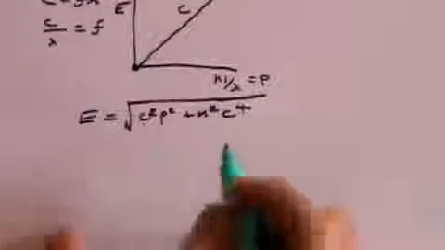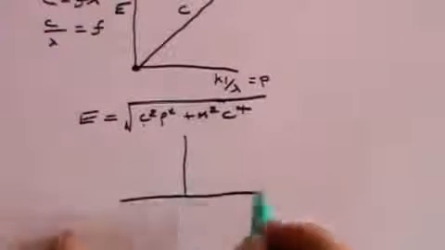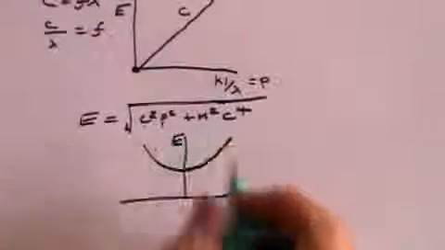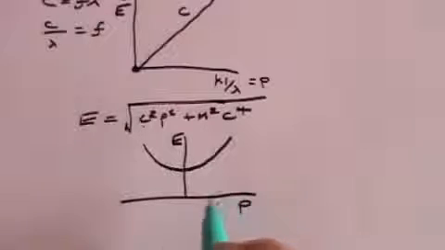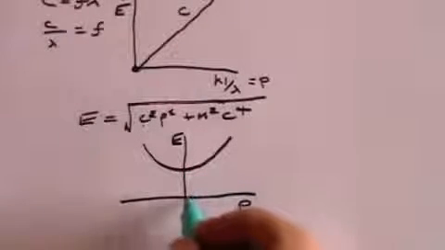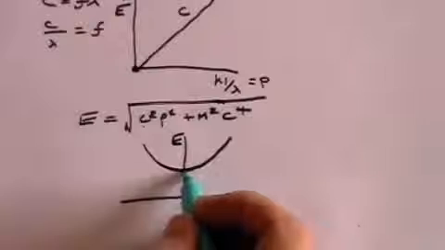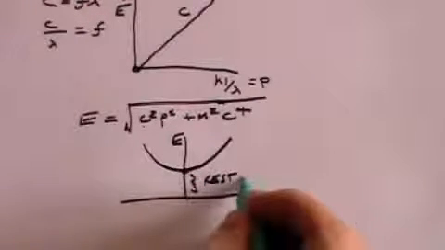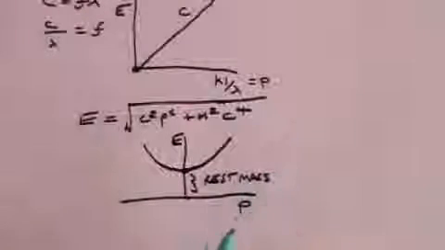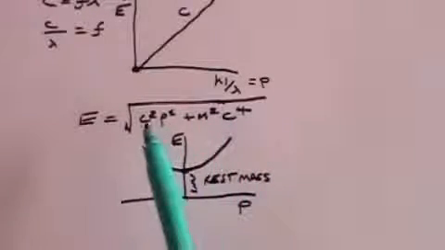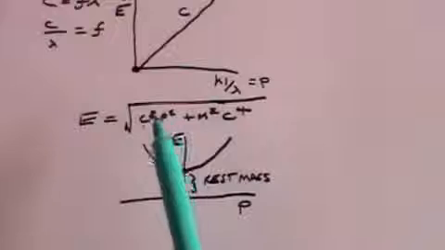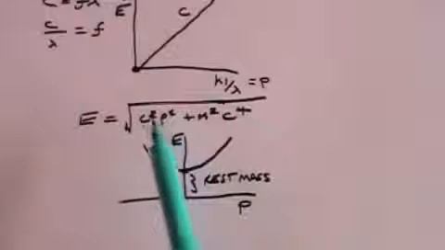Now that will give rise to a graph that looks like this. Here we're plotting energy against momentum. And even when the momentum is zero, there is still some energy. And that energy is the rest mass energy. And you can see from this formula that if the mass is zero, i.e. it's a photon, then E equals simply pc, the square root of p squared c squared.